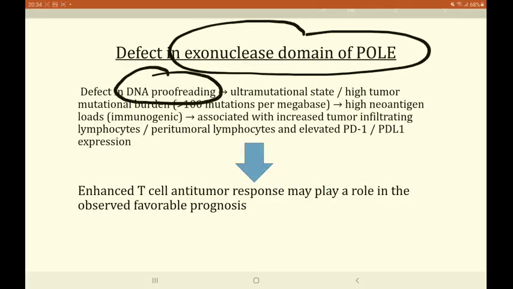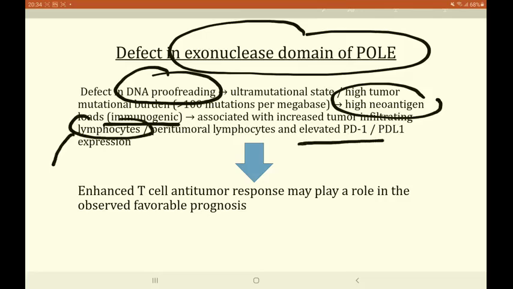That results in an ultramutated state, with a high tumor mutational burden, more than 100 mutations per megabase. That state results in a high neoantigen state, which has a very high immunogenic potential that results in the production of a lot of lymphocytes, and also elevated PD1, PDL1 expression.